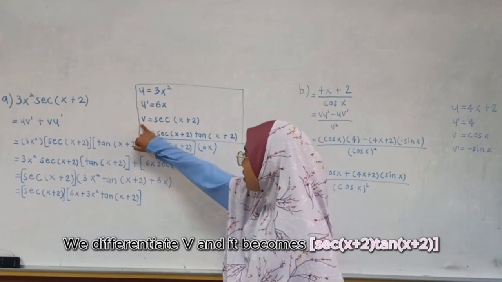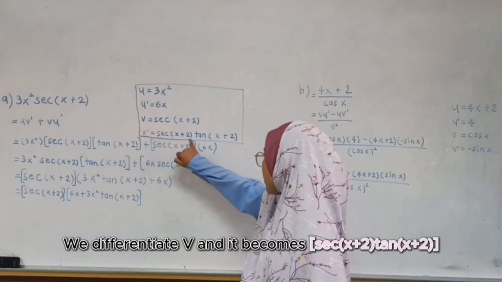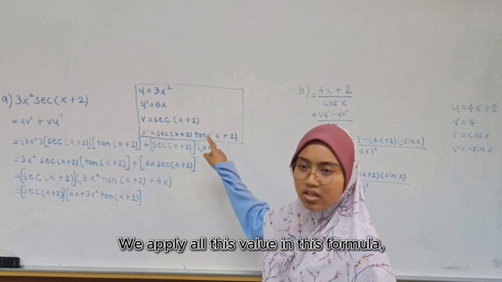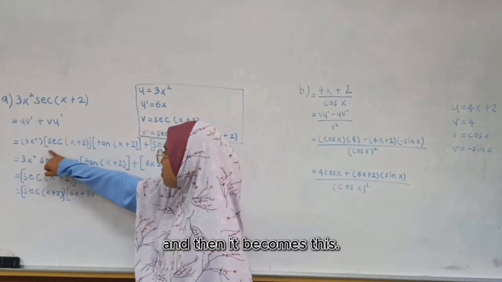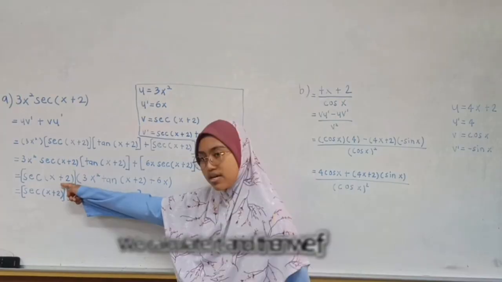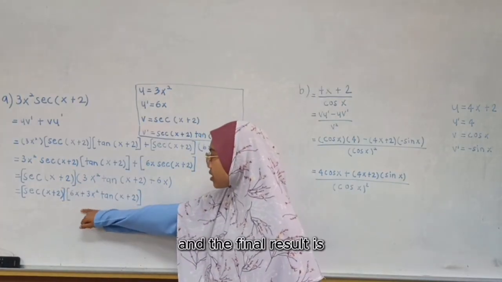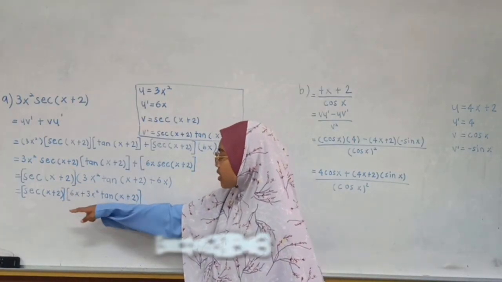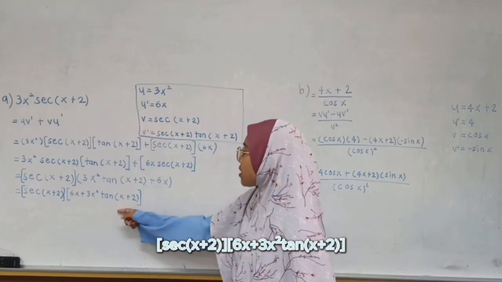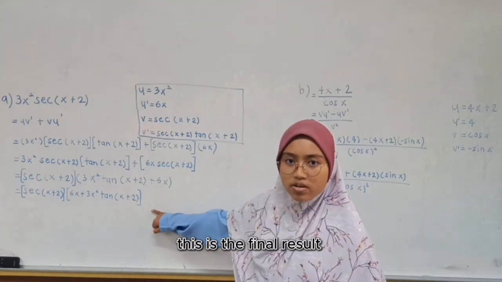We differentiate v and it becomes sec(x plus 2) times tan(x plus 2). We apply all these values in the formula and then it becomes this. We calculate it and then we factorize, and the final result is sec(x plus 2) times [6x plus 3x squared tan(x plus 2)]. This is the final result.